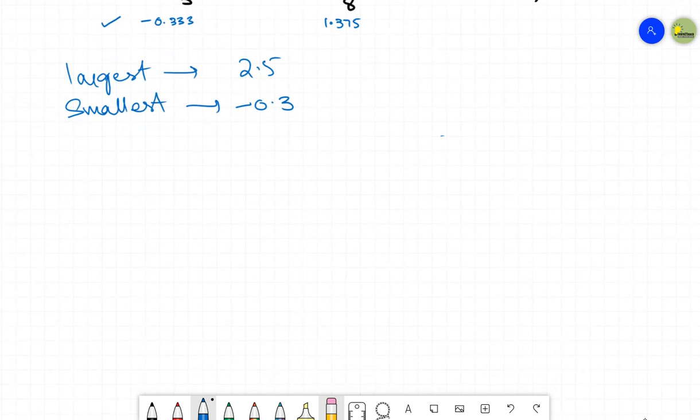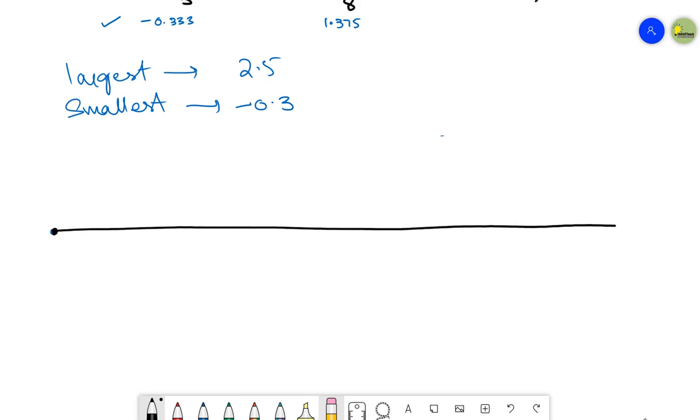So I need to draw a number line in such a way that you can easily plot these values. On the positive side, you can plot the values till 2.5. So it means we can have a difference of 1, 2, 3, like this. So this is the positive side, and similarly on the negative side, we need to plot minus 0.3, the maximum negative value that I have.